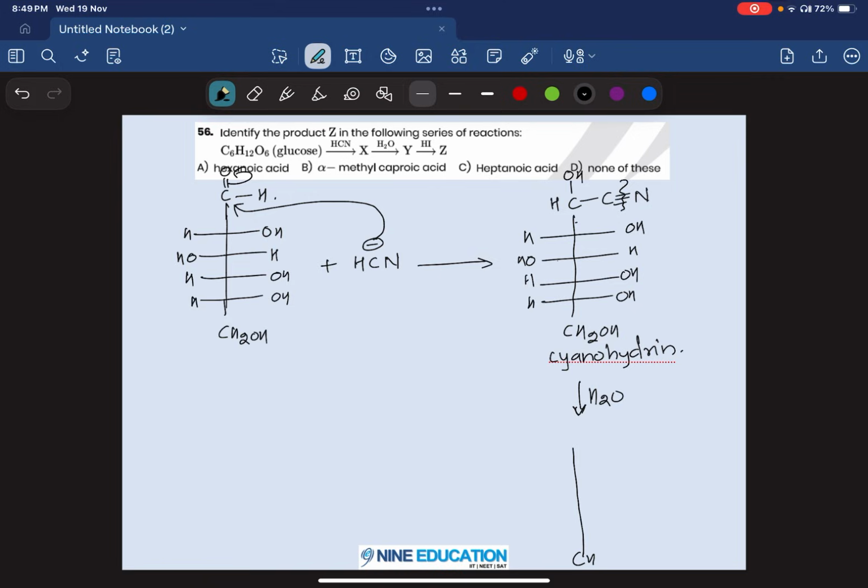CH2OH, CHOH, and COOH you will get, with hydrogen and OH groups on the carbons. Seven-membered chain.